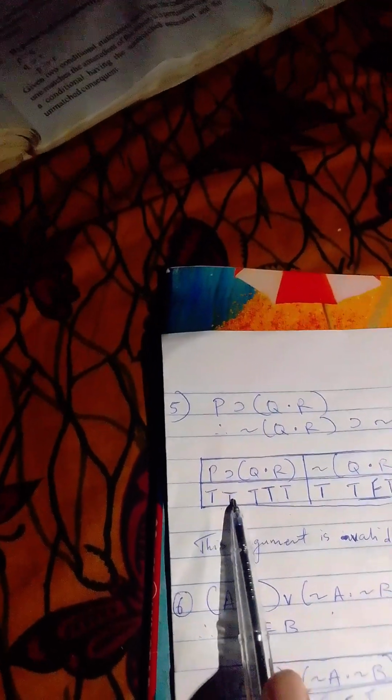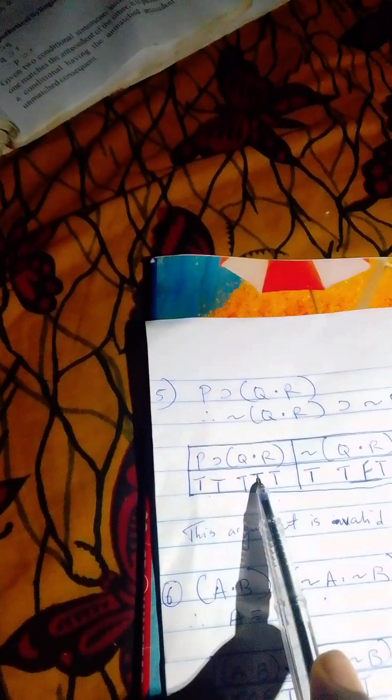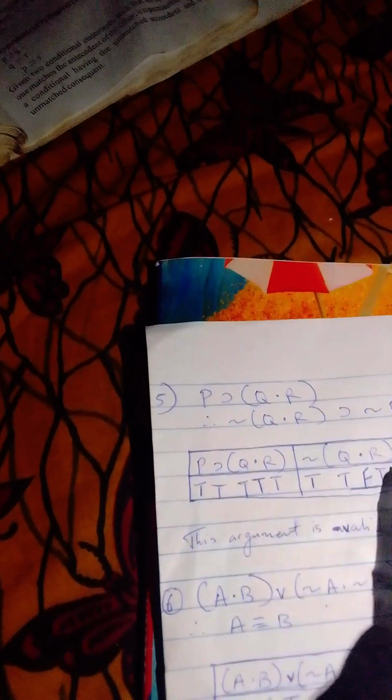So for us to get this implication which is true, this conjunction must be true. So true and true gives us true, and for us to get true here, here and here must be true, which is T and T. So this Q is T and this R is T. That is how we get this true and true.